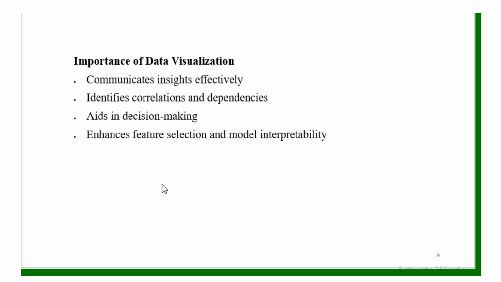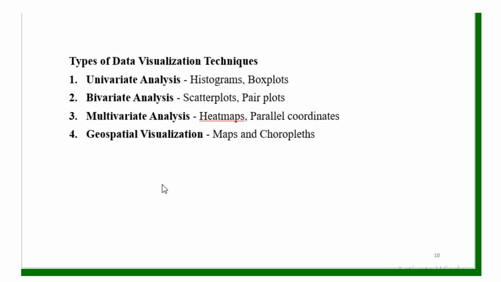Now what is the importance of data visualization? It is basically to communicate insights effectively, means what we have visualized and what is the importance of that. Identify correlation and dependencies. Decision making. It also helps to make our decisions firm. Enhance feature selection and model interpretability.